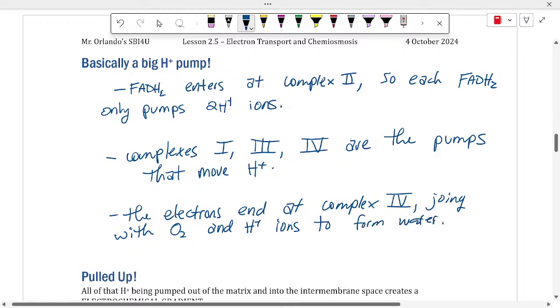So the electrons that start out in glucose end up in water. And the carbon that starts out in glucose ends up as... what does the carbon that started in glucose end up as? Carbon dioxide.